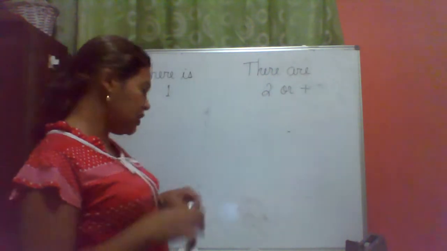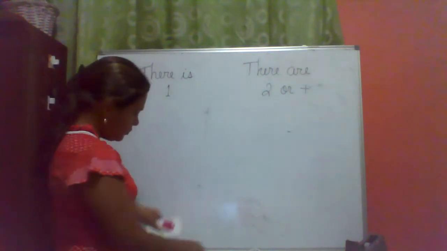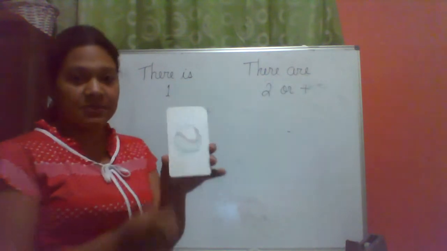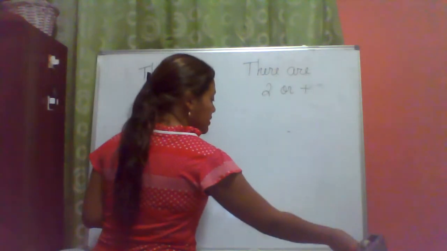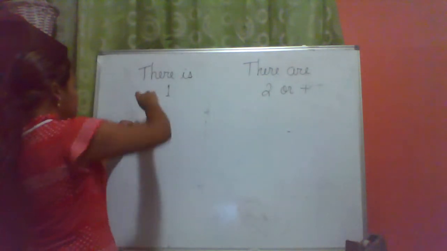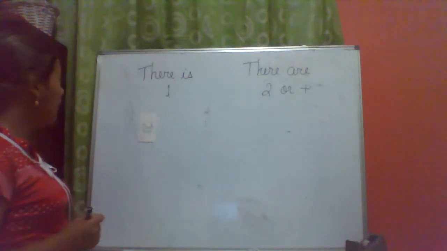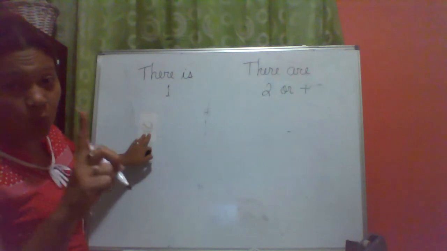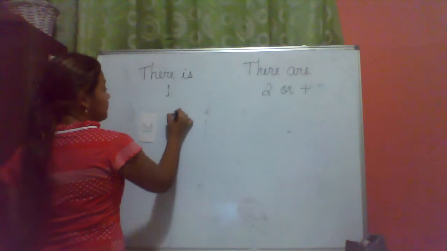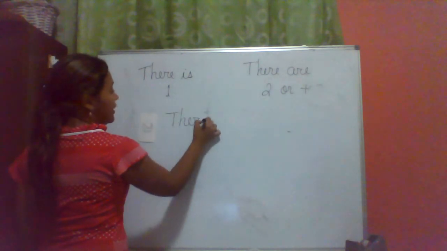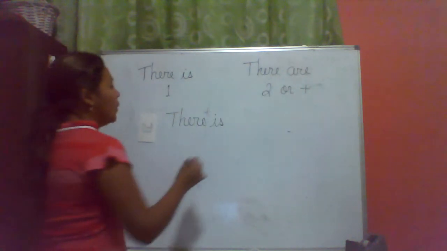Now let's write the sentences. Let's begin with this one that is very easy. This is a ball. Okay? Let's paste the picture here. Now, for one ball, we are going to use there is, okay? There is one ball.